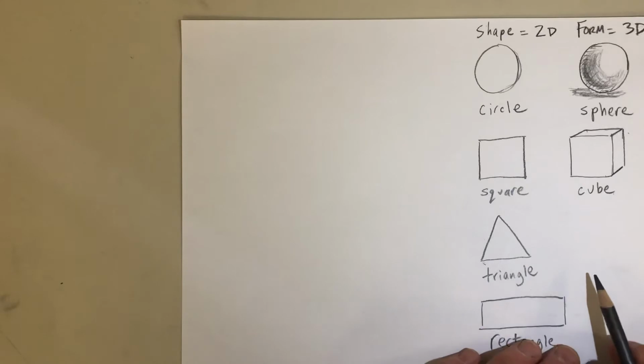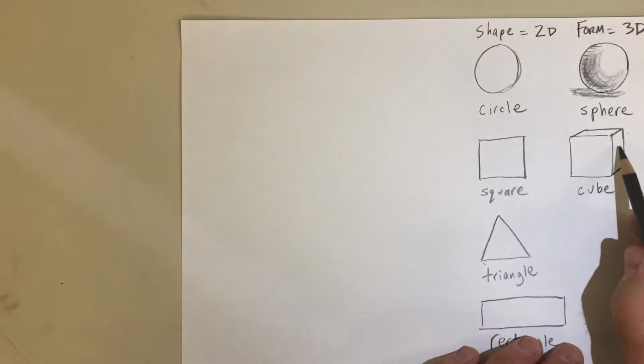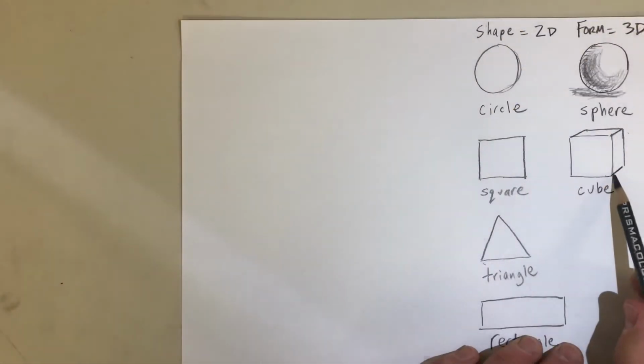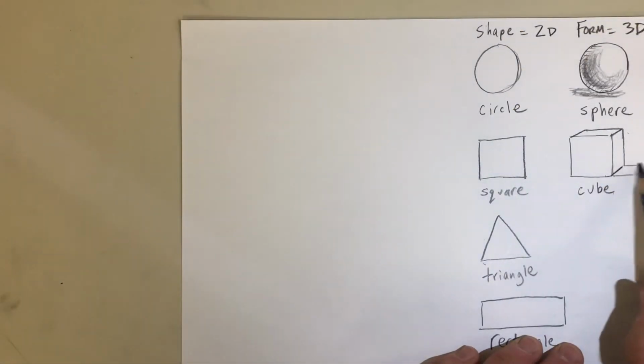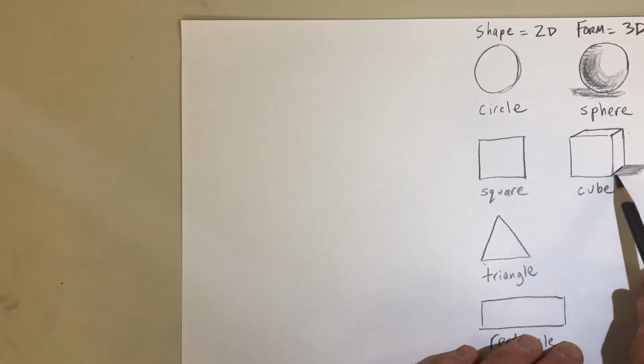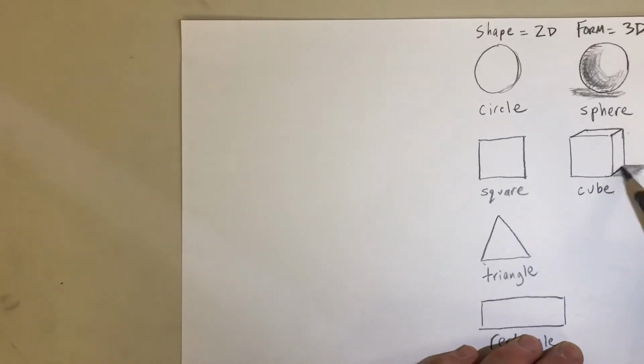Just for simplicity for now, we're going to decide that the shadow is over here on this side and the light's coming that way. So I'm going to go ahead and draw the shadow first on this one. And to draw that shadow, it's going to be basically this line. Just draw a light line that continues from there, and then up here where the corner is, draw another one that's parallel to that one, and then try to kind of match the shape of this line at the edge.